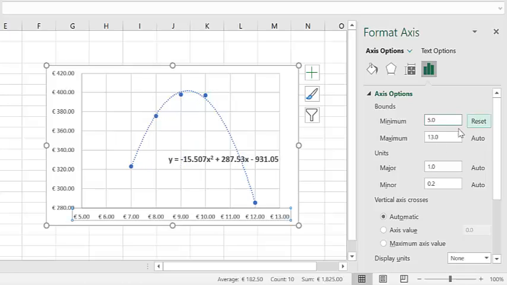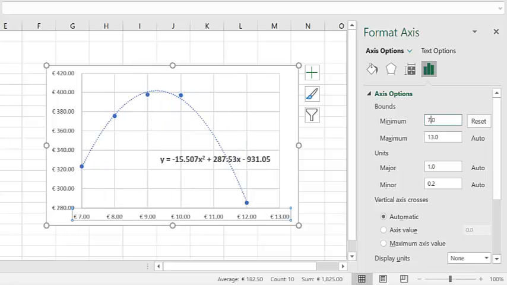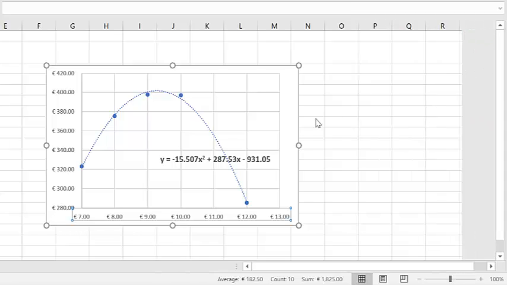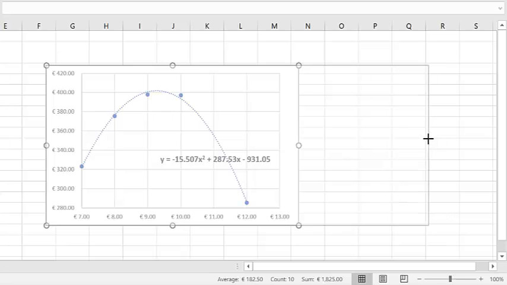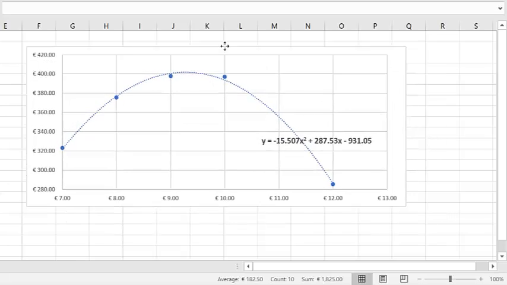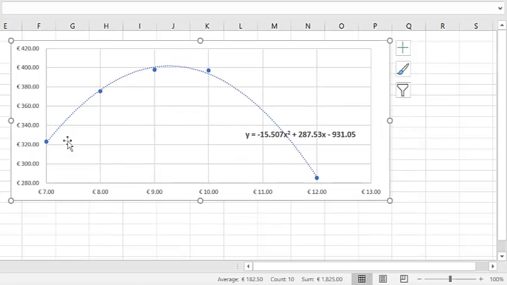We can easily start it from 6, even 7, if we want. So the chart is now much clearer. If we adjust the size, we will be able to analyze the curve better.